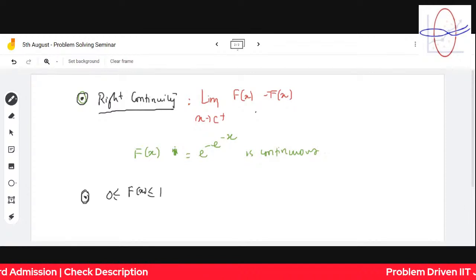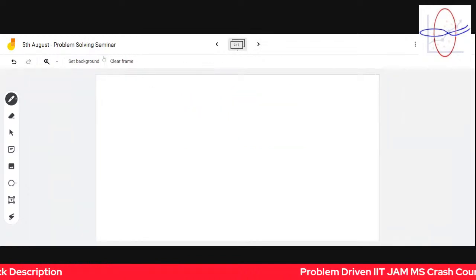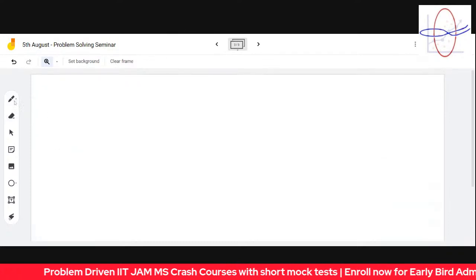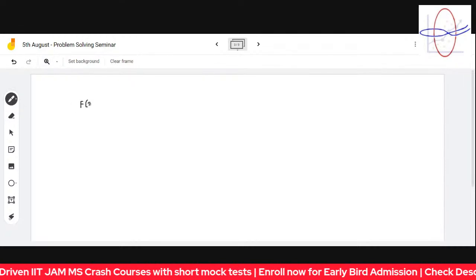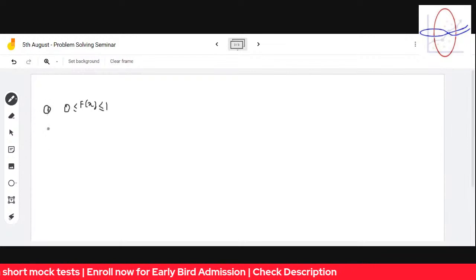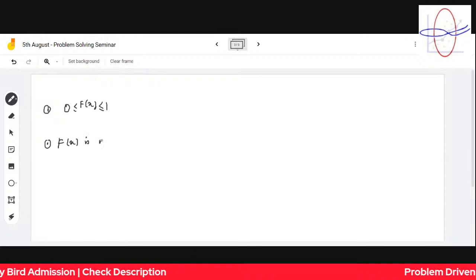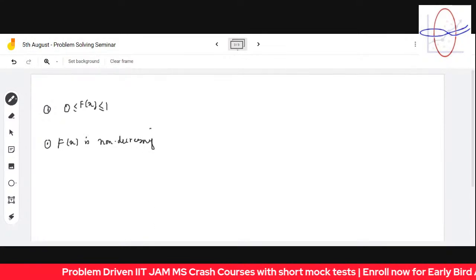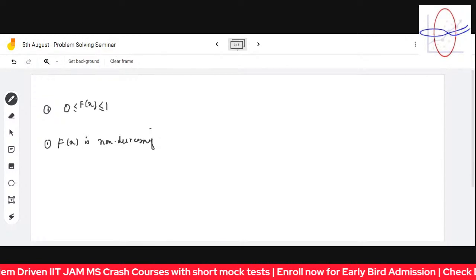So essentially what we have is that f(x) is less than or equal to 1 and greater than or equal to 0. Another property we need to check is that f(x) is increasing, or rather non-decreasing.